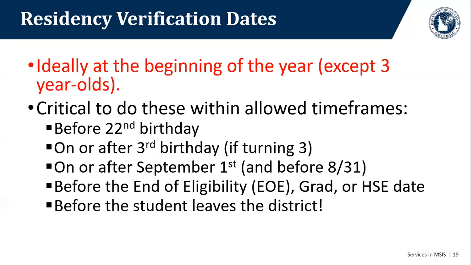If we don't have a residency verification date, we really struggle to be able to count a student. Sometimes we can make the enrollment and withdrawal dates work, but there's a lot of cases where we just can't. And it's so complicated that it honestly is just helpful to say, go out there, get those dates, get them in as soon as you can in the fall.